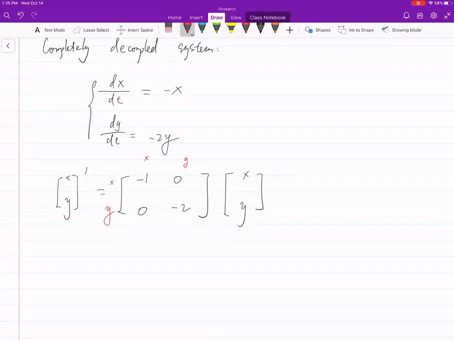What do you mean by completely decoupled? That means x with x, they're together, and there's nothing involving y in terms of x. So everything else will be 0, except for the x part.